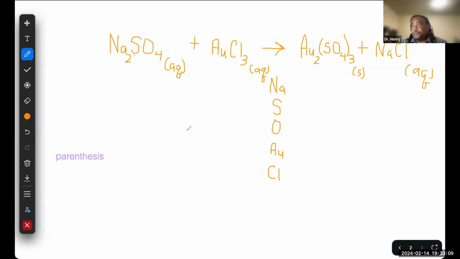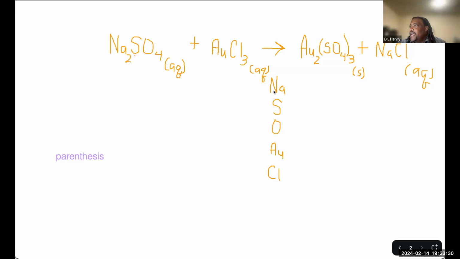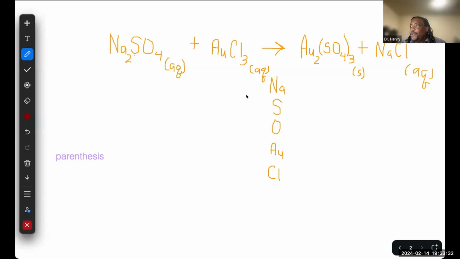Okay, so on our reactant side, how many sodiums do we have? On our reactant side, over here. So how many Nas do we have? We have 2. So Na is sodium.